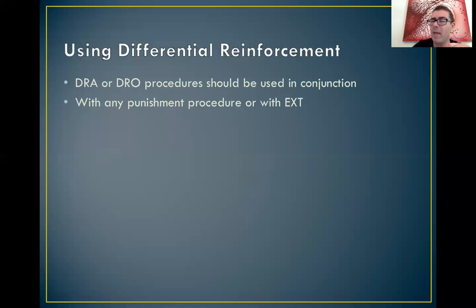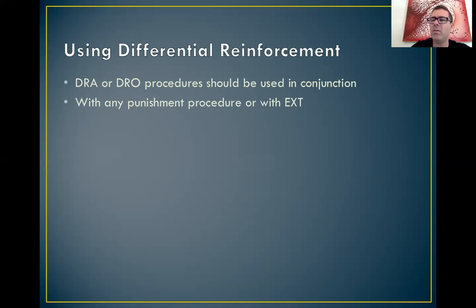So when the problem behavior occurs, you either don't provide the reinforcer, in which case it would be an extinction contingency, or the problem behavior may result, for example, in a timeout, or in the removal of a reinforcer, in which case the DRA would be differential reinforcement of an alternative behavior with punishment. Normally, with DRA it is implied that extinction is occurring when the problem behavior occurs, but DRA can be used with punishment.